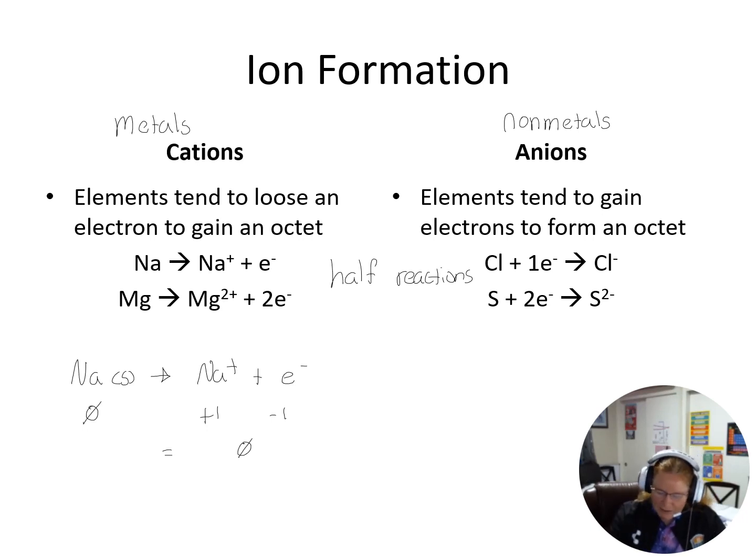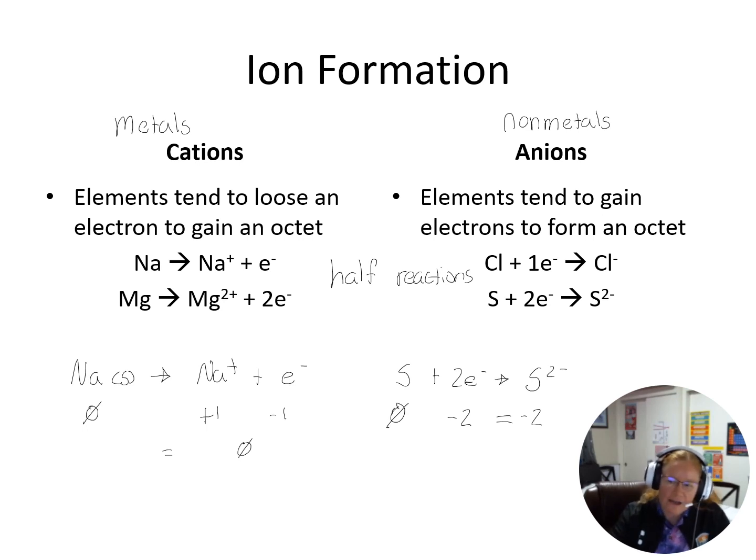If I look over here at my sulfur, I have a sulfur plus 2 electrons yields a sulfide anion. So my neutral sulfur is 0. My 2 electrons -2. My sulfide ion -2. Does -2 equal -2? Yes. So our half reactions are indeed balanced.